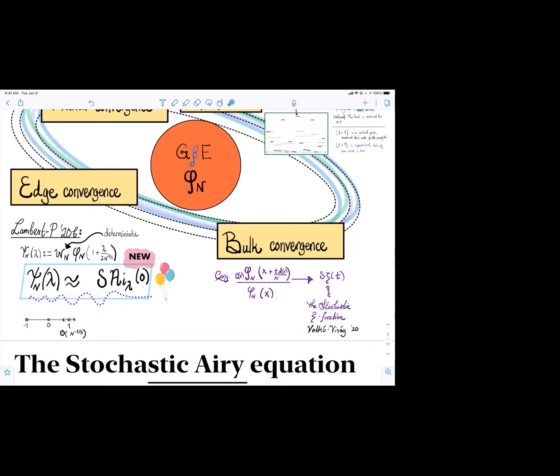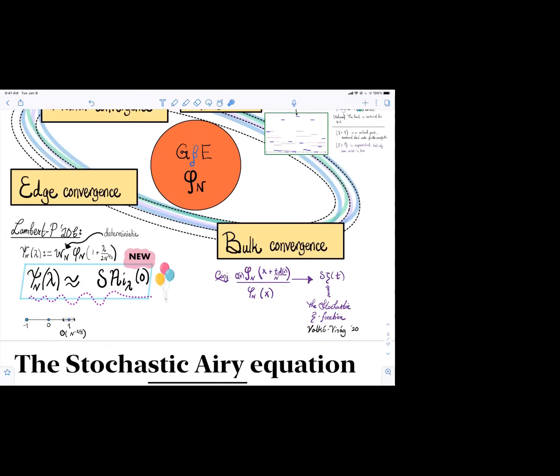Like one is on the unit circle, one is on the real line, or am I confused here? Oh, exactly. So in the Gaussian beta ensemble setup, if you scale the setup to have the eigenvalues in the limit between -1 and 1, here you'd be looking at ratios of characteristic polynomials, say, at an x which is properly inside -1, 1, and you form a small 1/n window around it, and you see the stochastic zeta as a limit there.